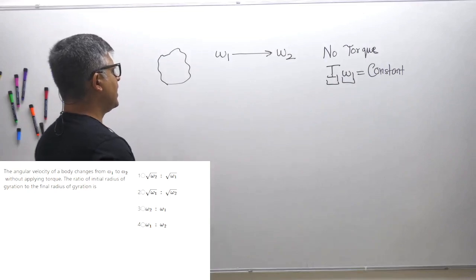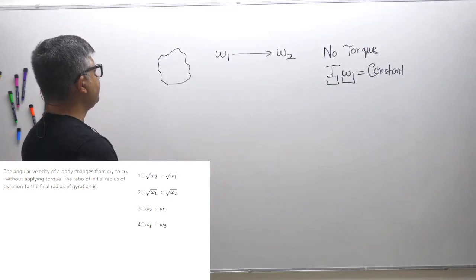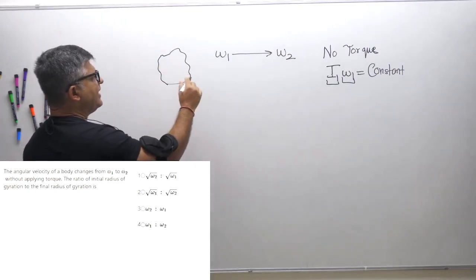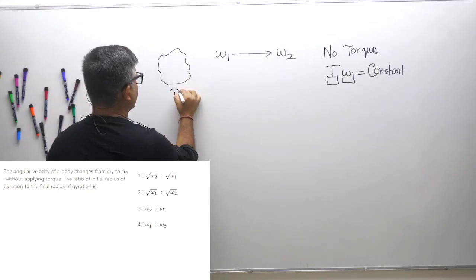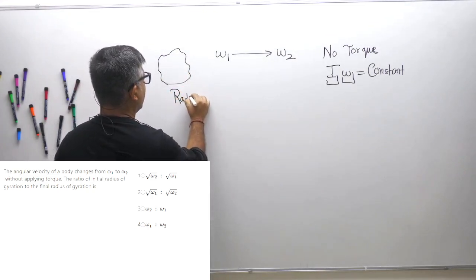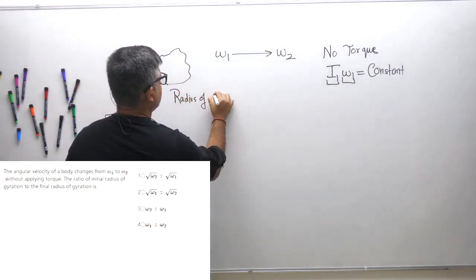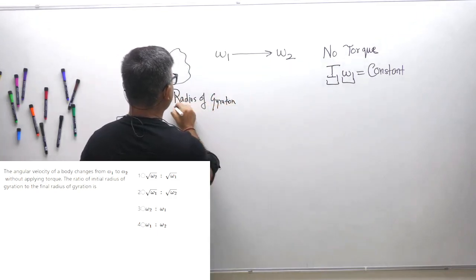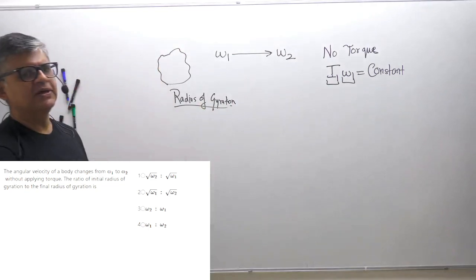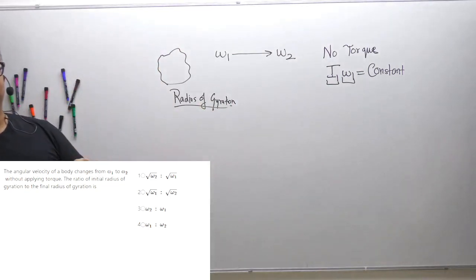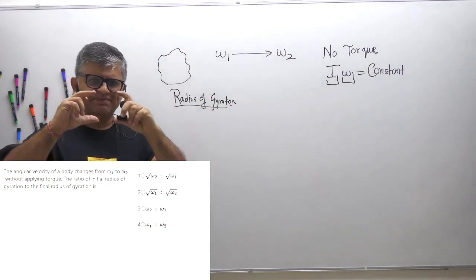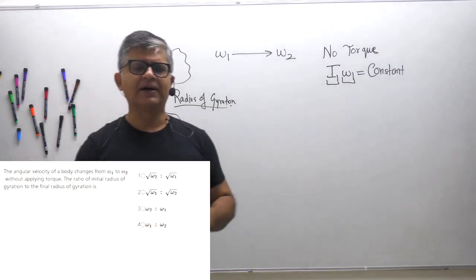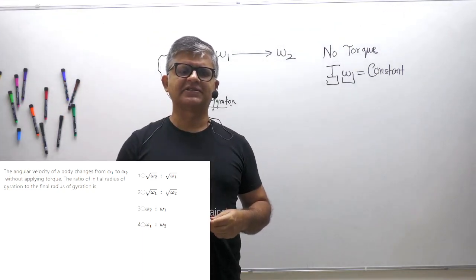All right. Now, if you talk about the radius of gyration, which is a key word here. So, what is radius of gyration? So this is the whole body. Generally, you're given very specific figures like lamina, like a sphere, disc, and stuff like that.